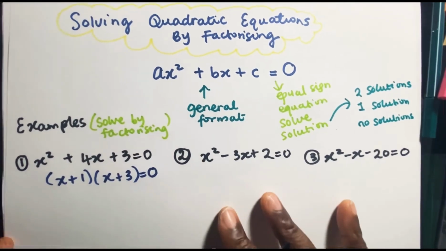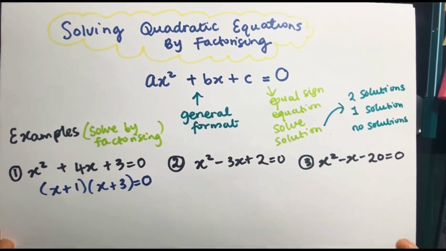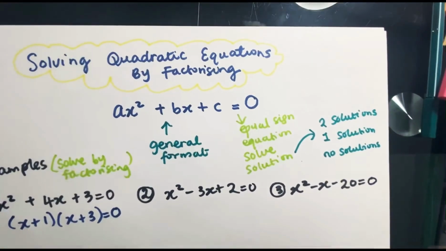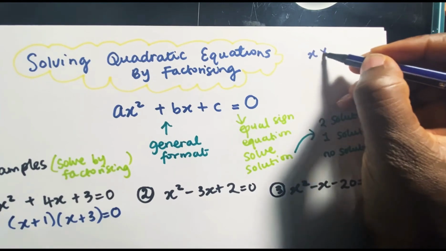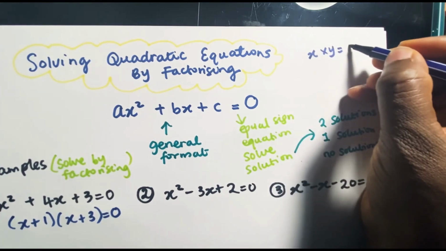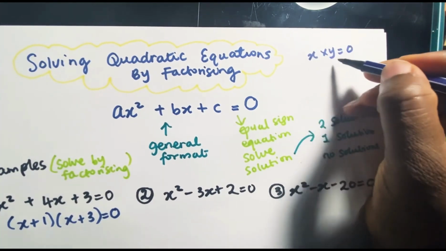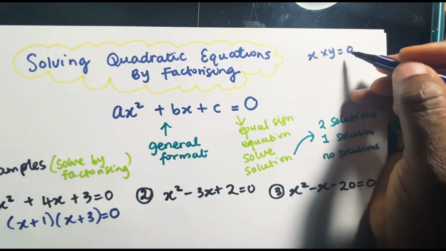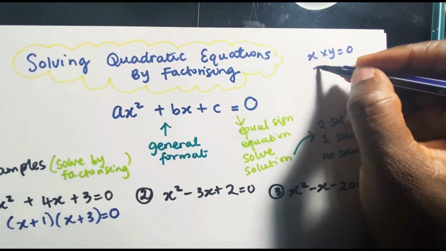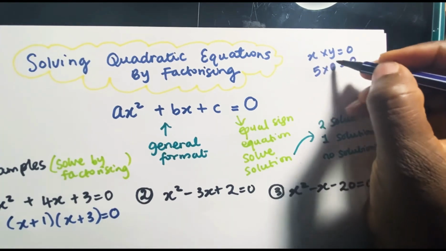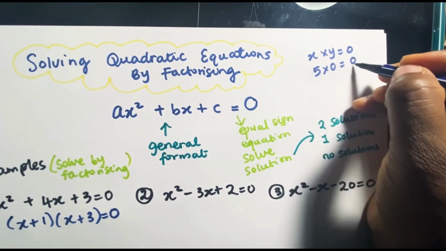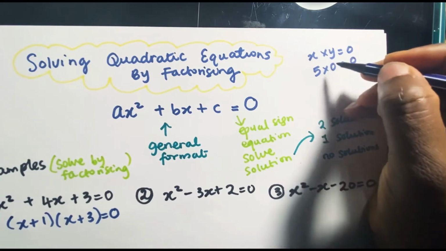Now we're going to use the idea that if you have x times y is equal to 0, then either x or y will be equal to 0. If you have 5 times something is equal to 0, the only way you can have 0 at the end is that thing is equal to 0.